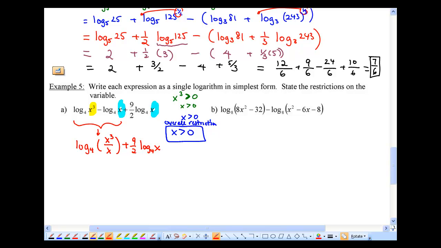We're going to simplify this then to become x squared, and then I'm going to take this coefficient in front and bring it back up to the power, because then I have log base 4 of stuff. And notice, oops, I don't think I should have done that, because we can't really add them together like that.